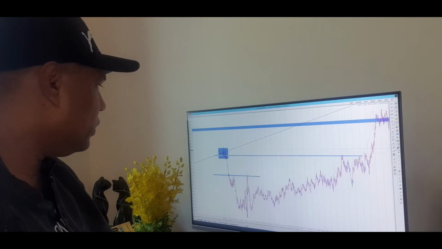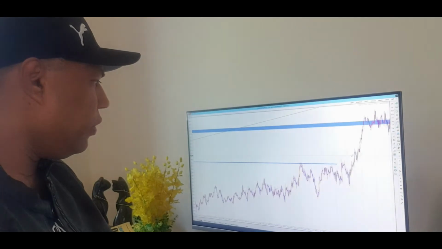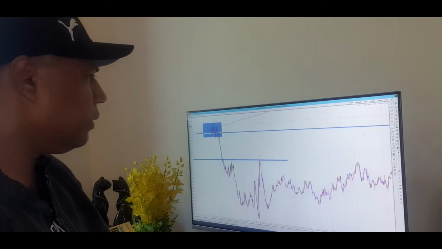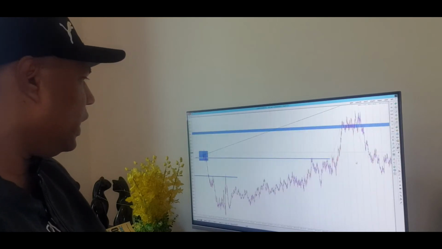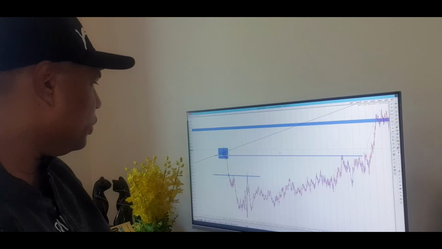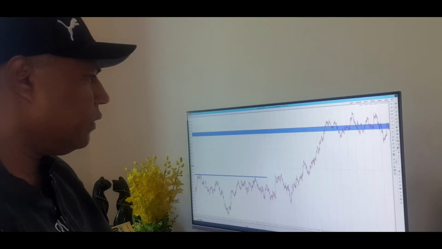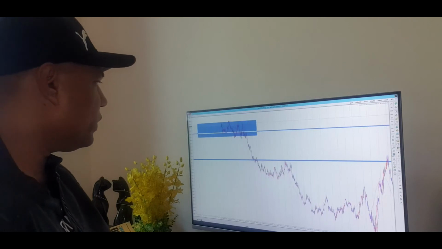Even though it is staying above, you never know how long it can stay. But at the moment, price is above this area. And let's move on to the 4-hour time frame. Let's see what the 4-hour time frame is doing.